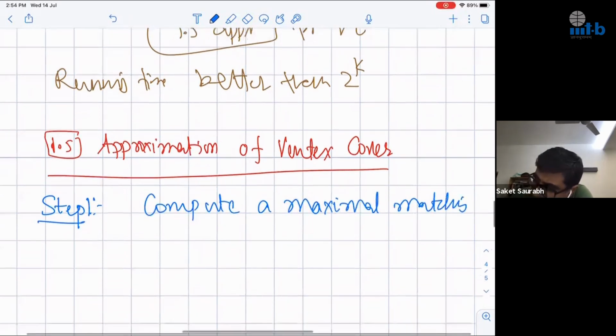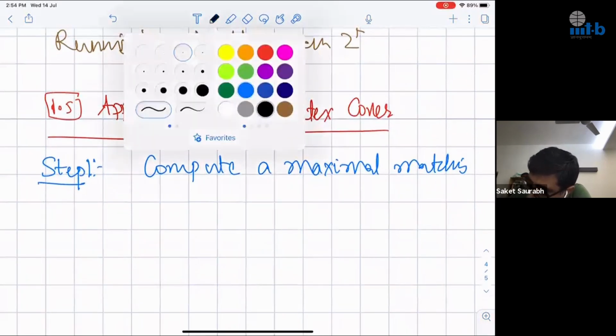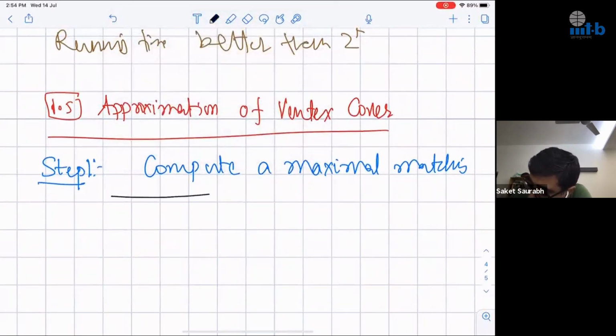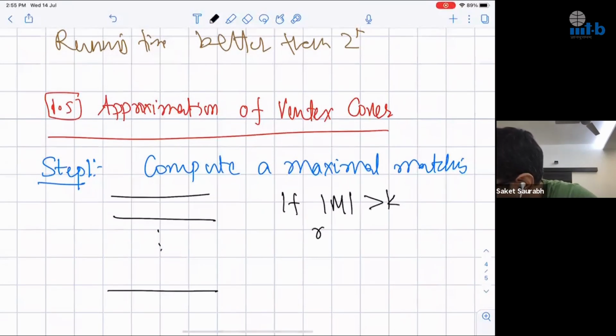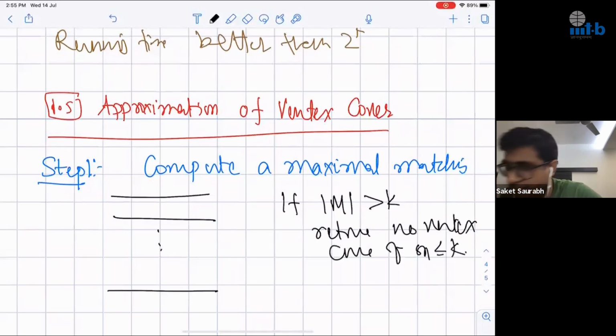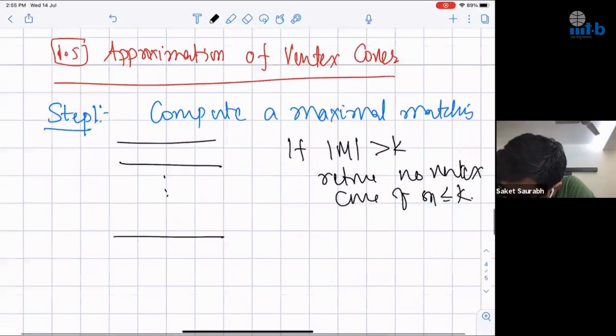If the cardinality of M is more than k, return no vertex cover of size at most k. So let's assume without loss of generality that the size of M is at most k.